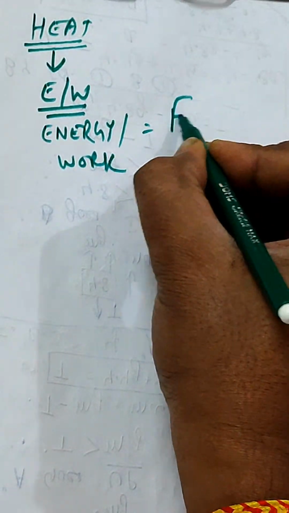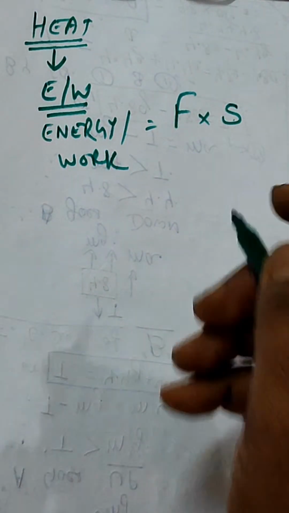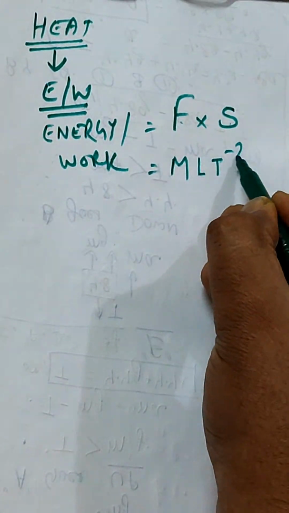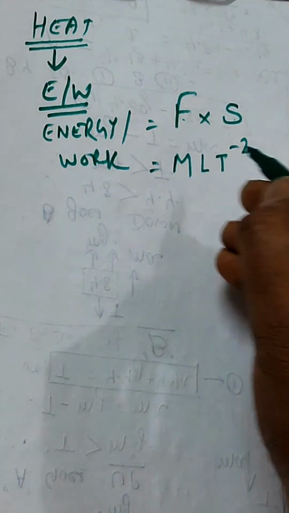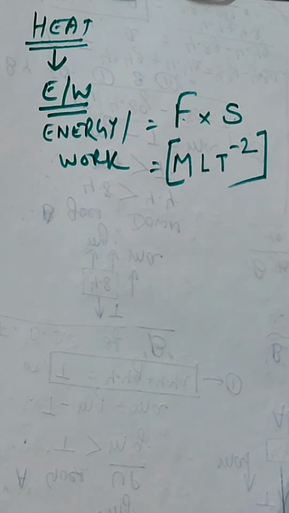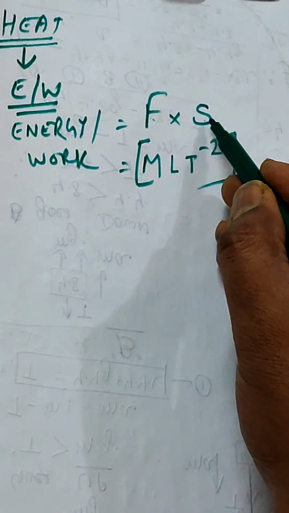It's force into displacement, right? And for force, it's MLT minus 2. For force, we have derived the dimension as MLT minus 2, into displacement, which is a length.